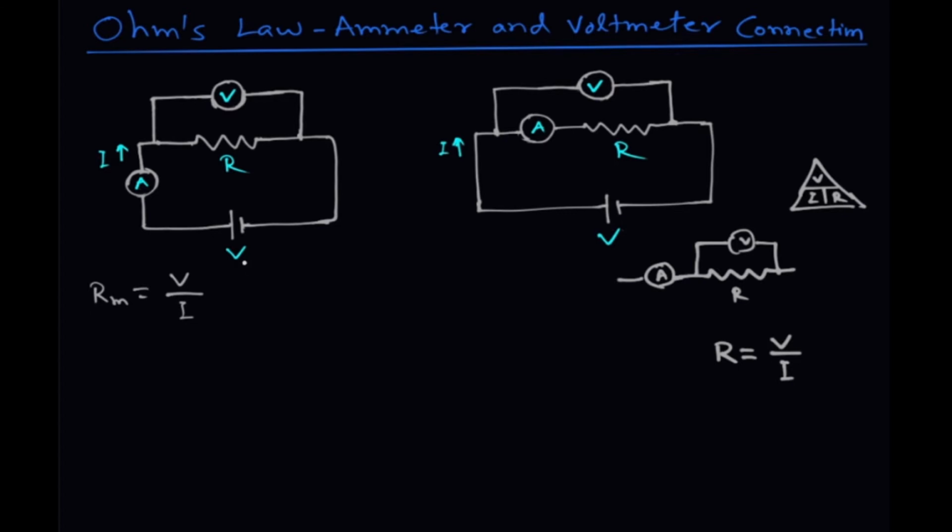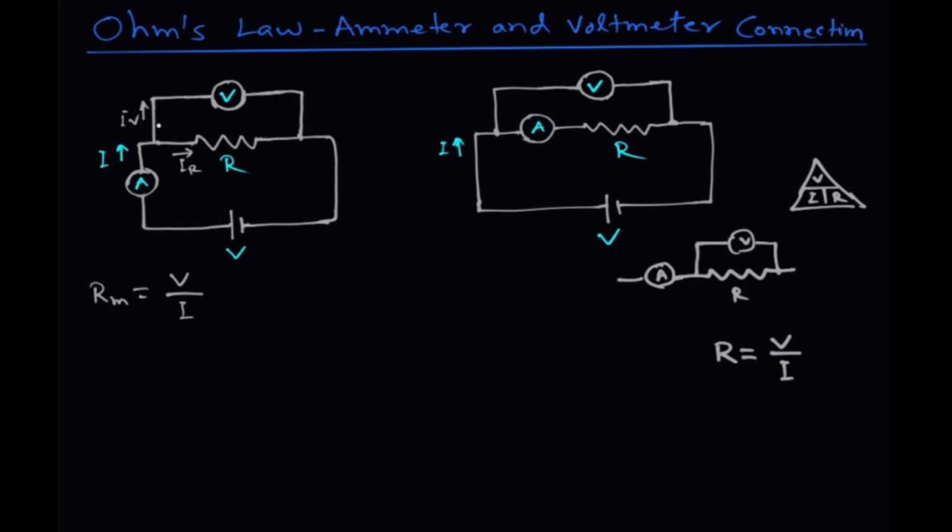You can see that the voltmeter reading is all right, as it is taking the voltage across the resistance. But the ammeter is measuring the current flowing through this resistance, suppose I_R, and also the small current that is flowing through this voltmeter, let this be I_V.